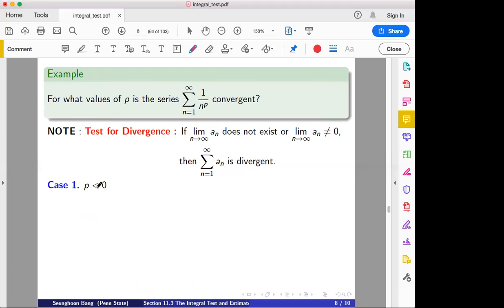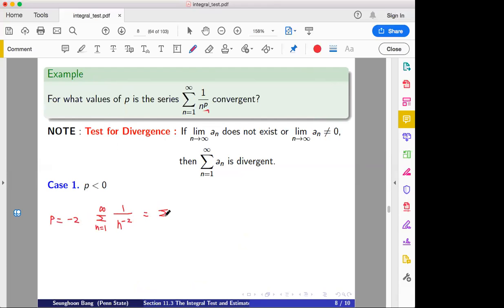So I want to think about case 1: p is less than 0. I'm going to give one example, p equal to negative 2. You can plug negative 2 in here. What is the summation n equal 1 to infinity of 1 over n to the power negative 2?